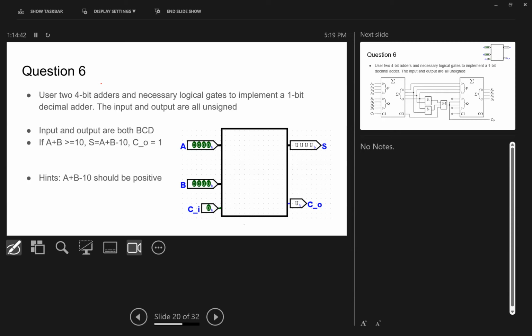Is it clear? So when D4 is equal to 1, then S is equal to 1. And when D4 is 0, how could we compare A plus B with 10? How could we do the comparison?